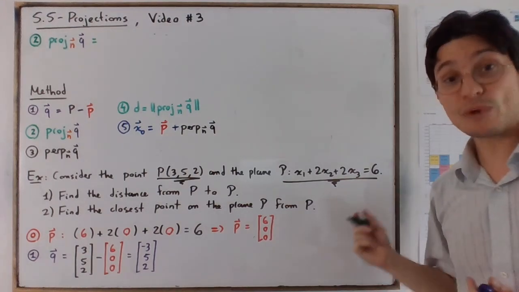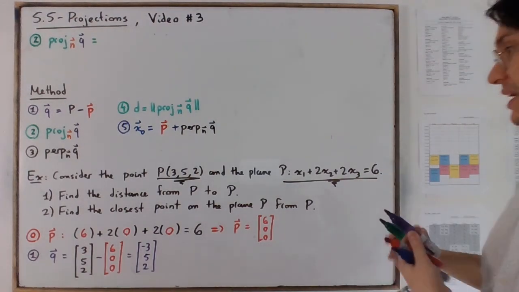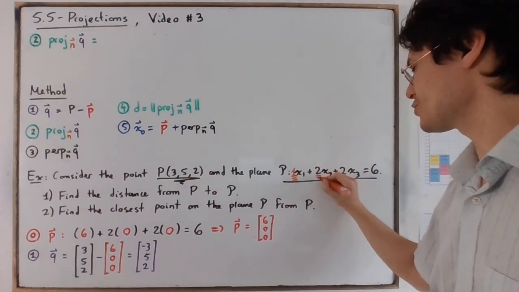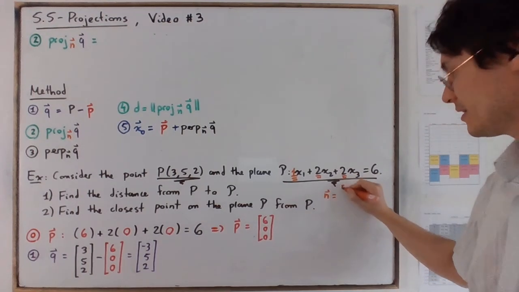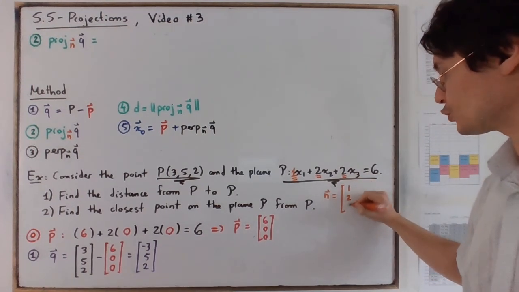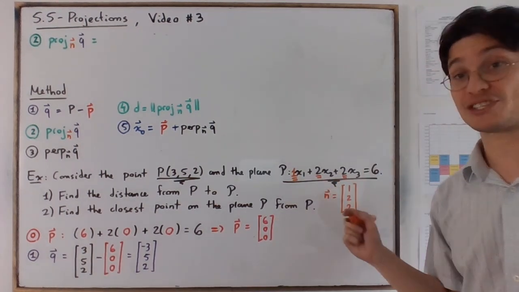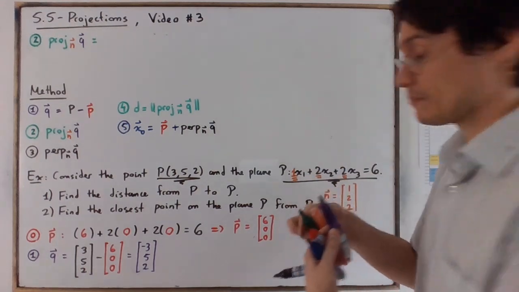The normal vector here, again, we have it, but it is implicit. Let's write it down: we have 1, then 2, and 2. So we know that the normal vector is actually 1, 2, 2, from that equation.